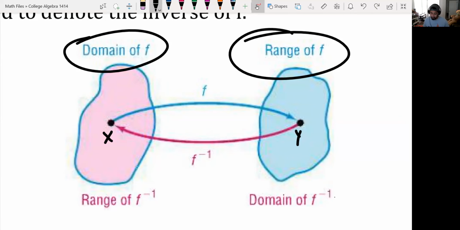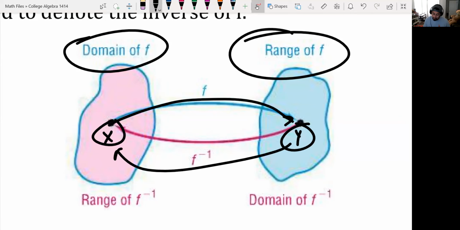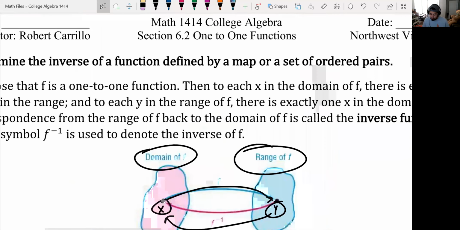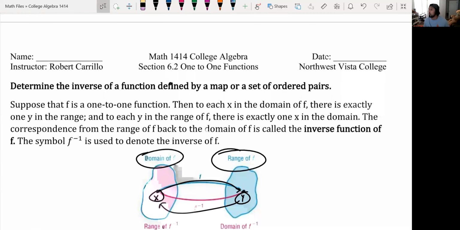So if you're a one-to-one function, then there's an x that relates to one y in the range, and there is a y that relates to one x in the domain, which is exactly what the paragraph says, right?